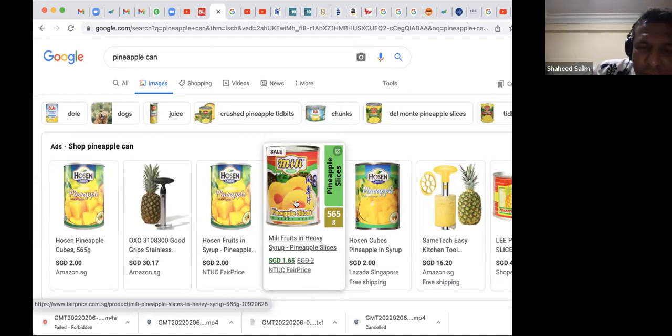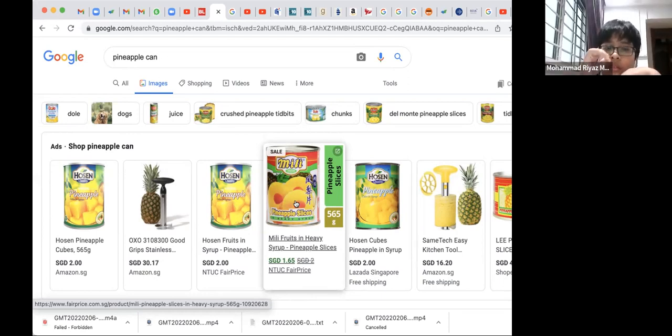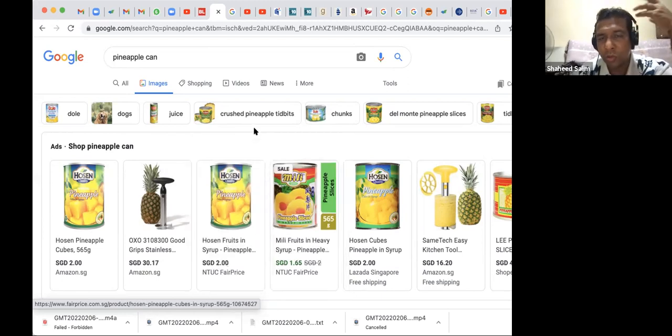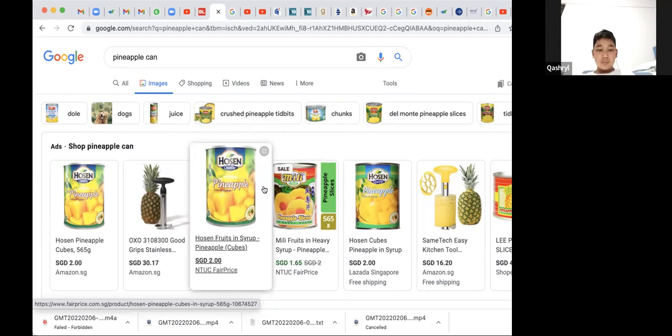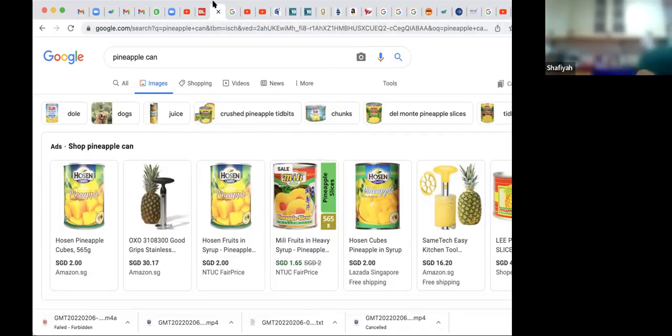That's why your sweets, they don't go bad so fast, right? So there's a few ways to preserve. One is you remove the air inside. So there's canned food. When there's no air, but this is not a science lesson. But anyway, the bacteria cannot multiply. Yeah, what is it? My brother noisy. Your brother noisy, Mr. Shahid.